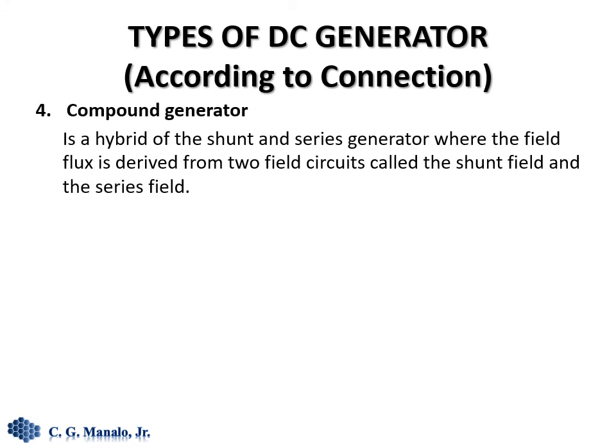The fourth one is actually a combination of the shunt and the series generators, where the flux is derived from two field circuits. One is the shunt field, and the other is the series field.